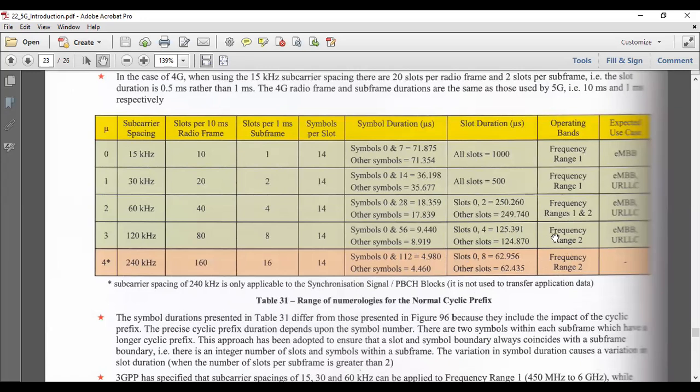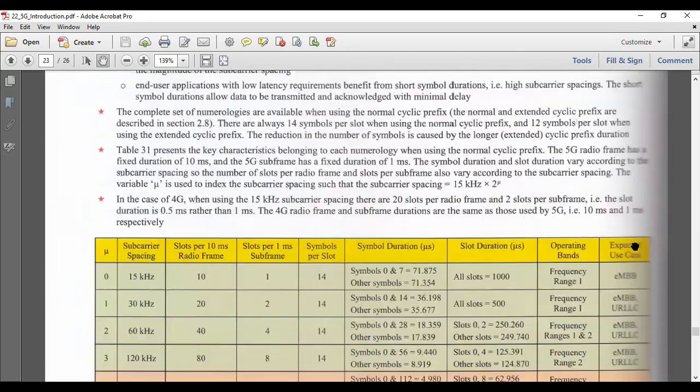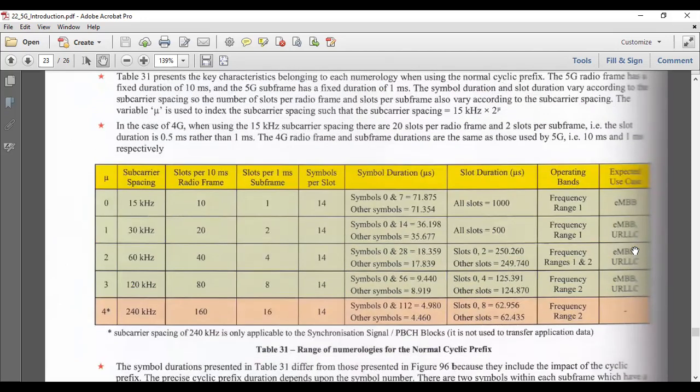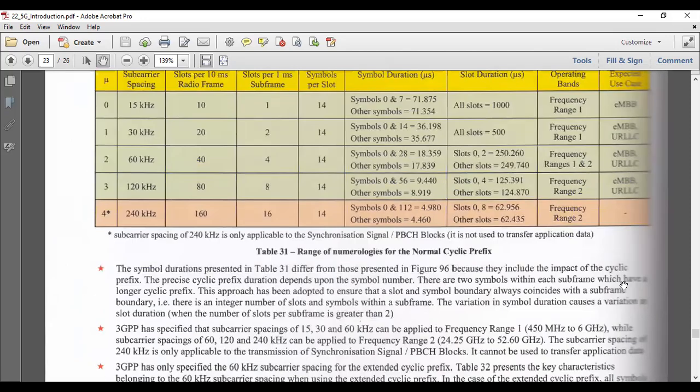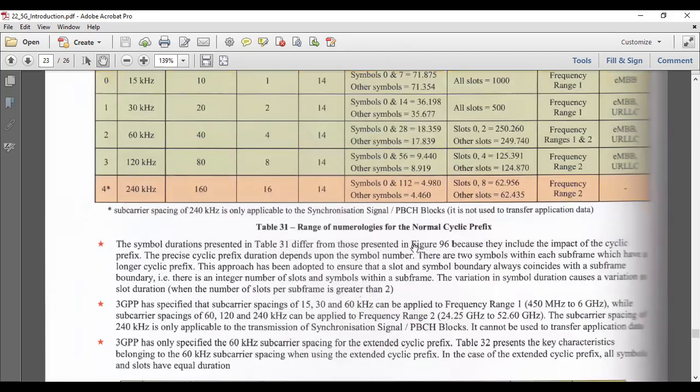It also shows what frequency ranges we can support, and what the use cases may be. We say that there are three types of target use cases: eMBB, URLLC, and what else? So the third one, mMTC. Okay. Right.